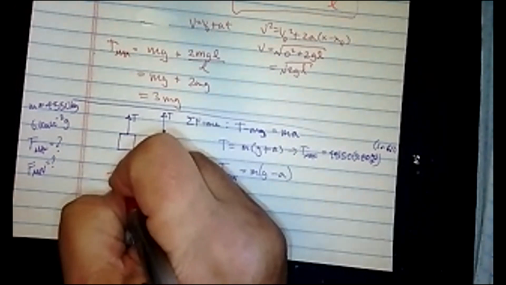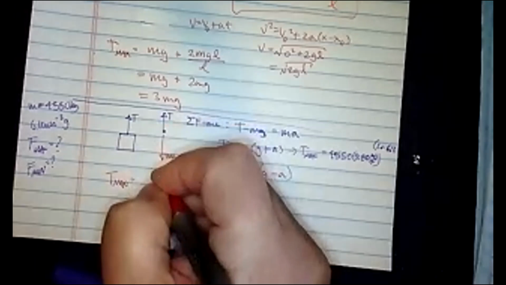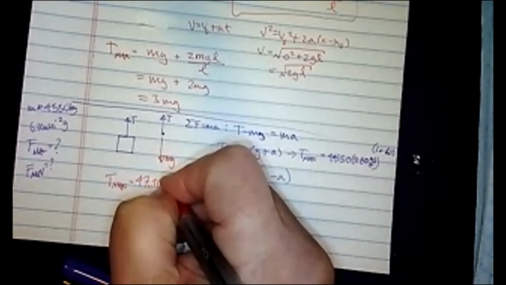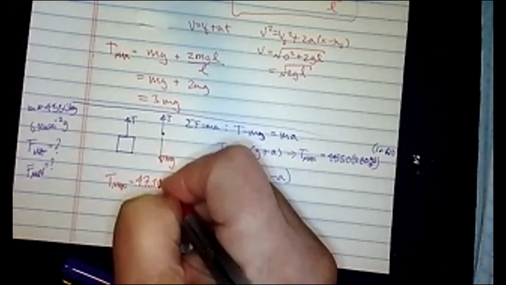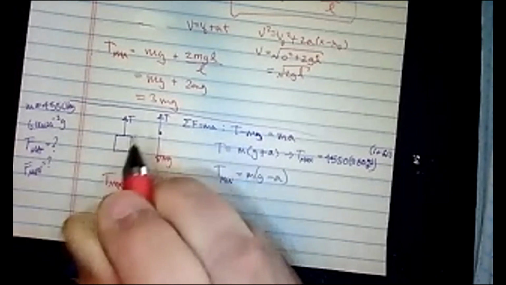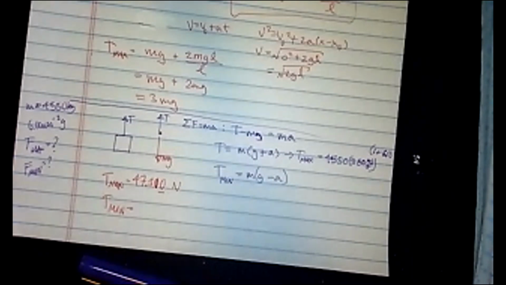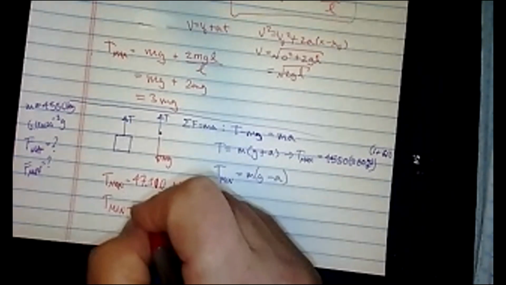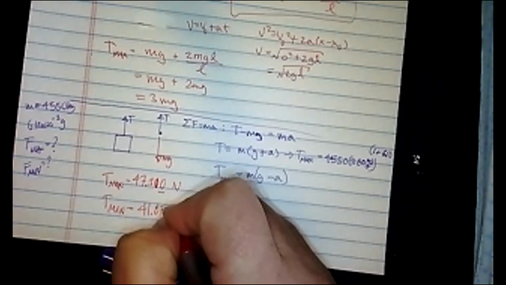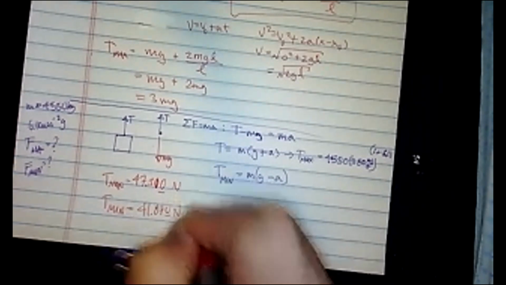I got T max was equal to 47.3 times 10^3, let's say 310 newtons, and for min I got 4550 times 9.8 times (1 minus 0.061), and I got 41,870 newtons for the min.